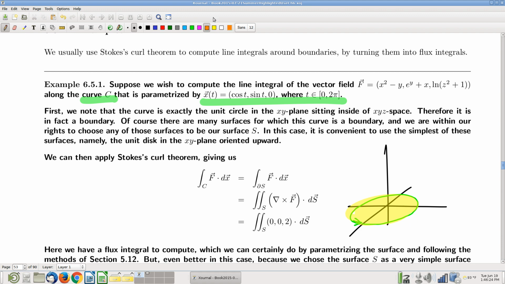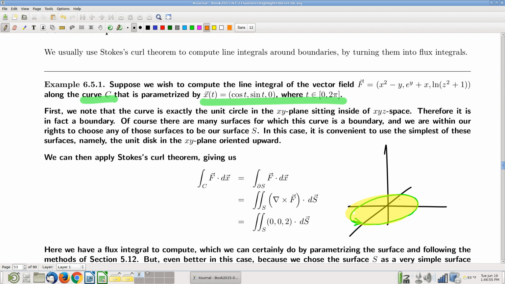If I were to say that this is oriented downward, well, thumb, fingers, swirl, that would induce an orientation on the boundary curve that's going the wrong way. So this yellow surface oriented downward, the boundary is not the same as the green curve. The boundary is the backwards of the green curve. So downward is the wrong orientation.